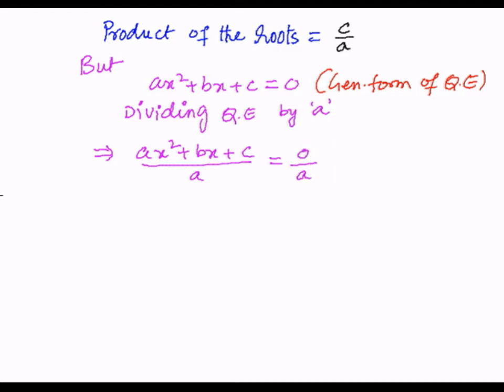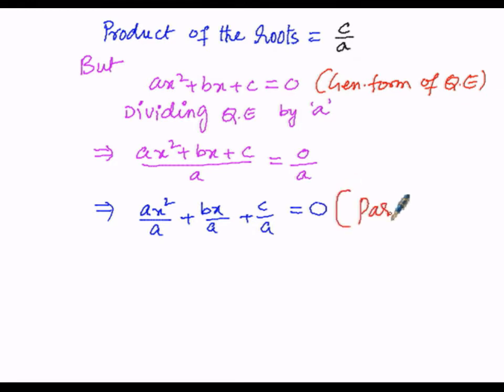Then the next logical step will be dividing partially. Numerator consists of 3 terms, each and every term must be divided by a. So here ax square overall divided by a plus bx overall divided by a plus c overall divided by a is equal to 0, since 0 divided by anything is 0. So here we got this step by means of partial division.